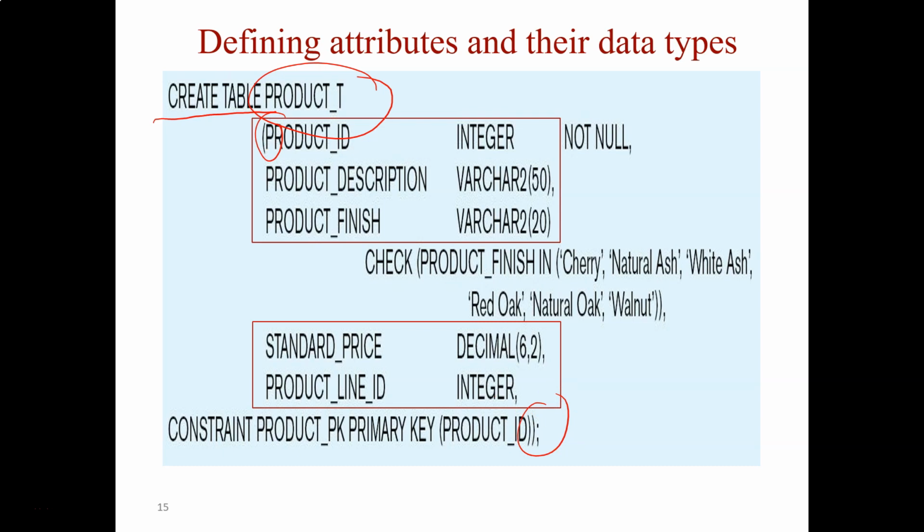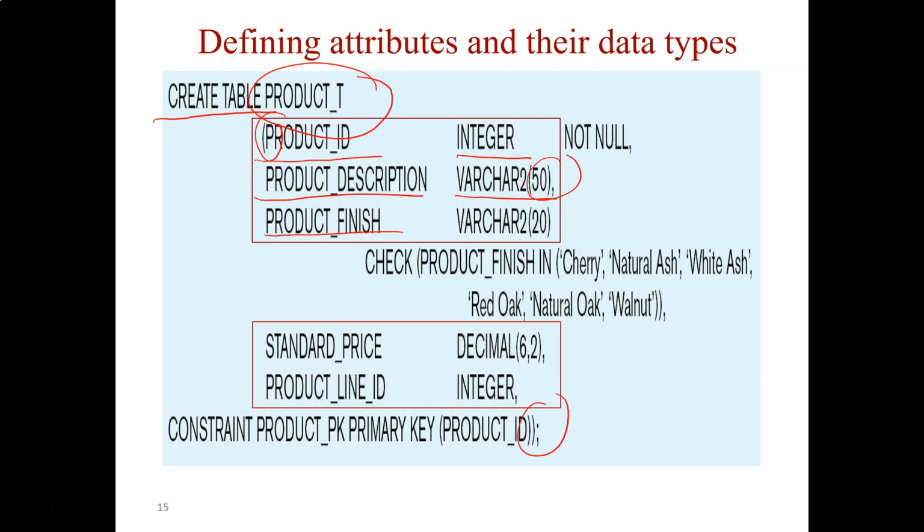For example, in the product table, we have an attribute called the product ID, which is an integer field as it contains whole numbers, a product description field, which is a variable length character field, and we are going to reserve 50 characters for this field. And then the product finish field, which is also a variable length character field with a reserved length of 20 characters.